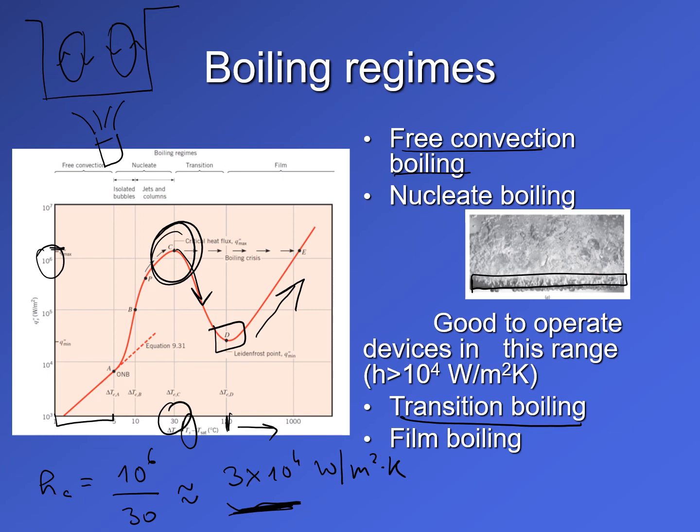But at what point should we run this boiling? Because of the excess temperature, we have to tune the system so that we have the maximum rate of heat loss. So if you see this graph, in this curve there is one point here, which is point number C, where we have a large value of heat transfer coefficient, or we can also go further beyond this point where we have a large value of heat transfer coefficient.